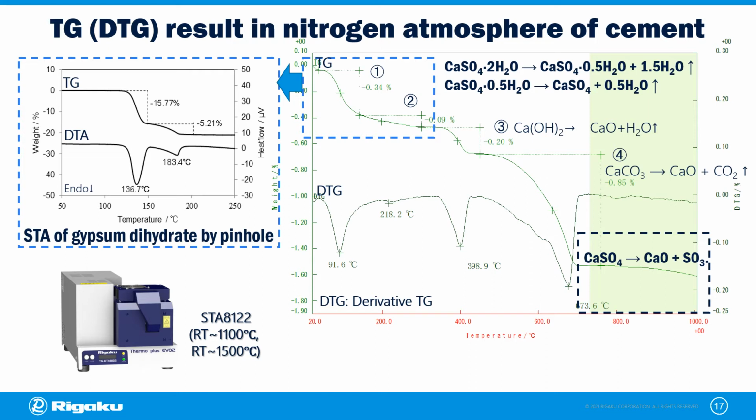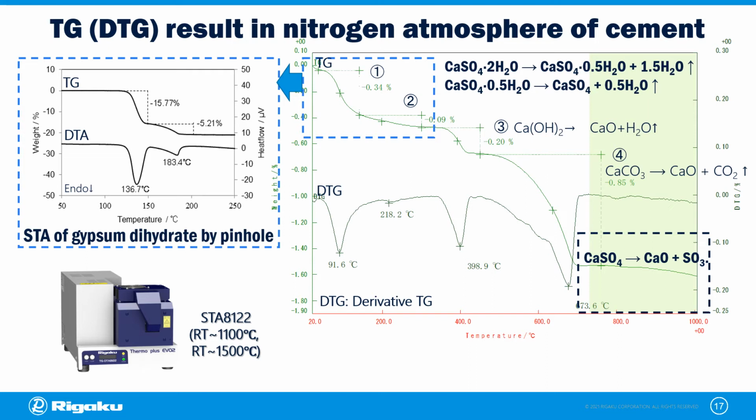The reactions on the first 2 mass losses account for a complicated dehydration reaction process, while the 3rd stage and the 4th stage mass losses are due to dehydration of calcium hydroxide, which is 0.2%, and decarbonation of calcium carbonate with a mass loss of 0.85%.